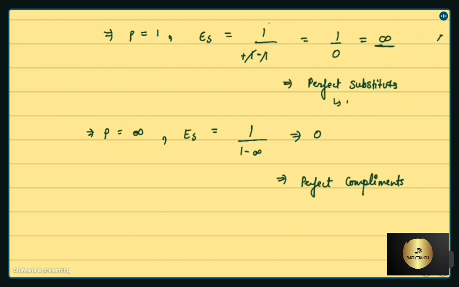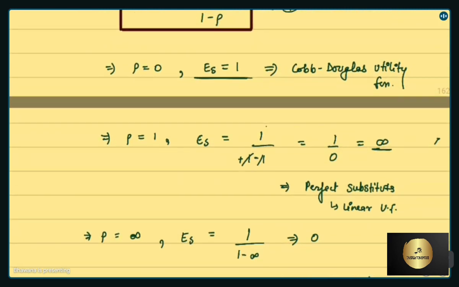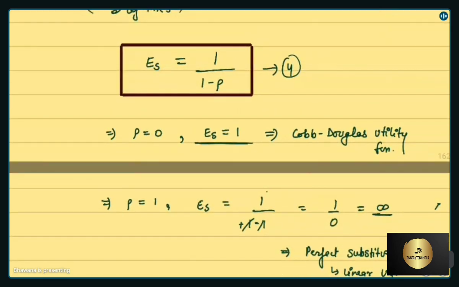In this case, you will get Leontief utility function or fixed proportion utility function, where both the goods are used in a fixed proportion. Okay. So we can conclude that all these types of functions are a part of the CES utility function, and CES utility function is the general form of utility function that includes all such types of utility functions.